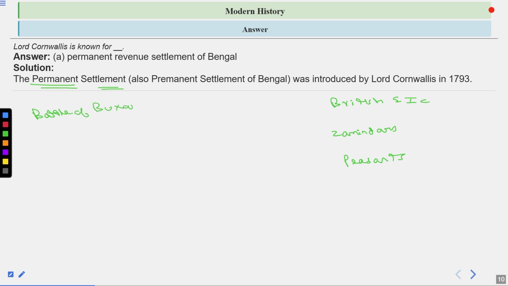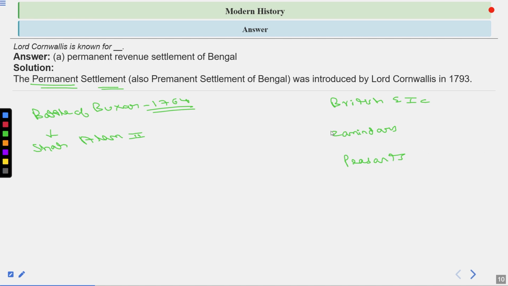So basically, after the Battle of Buxar in 1764, the Britishers got the rights to collect the revenue from Bengal, Bihar, and Odisha after defeating the Mughal Emperor Shah Alam II. Basically, the Britishers followed the same path as the Mughals.